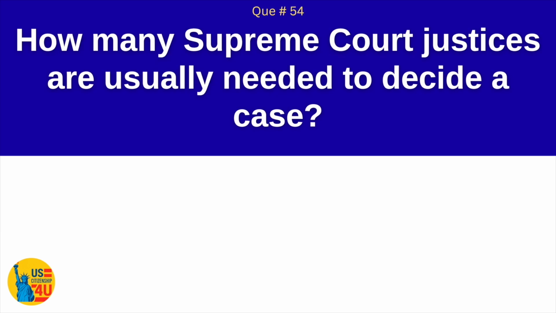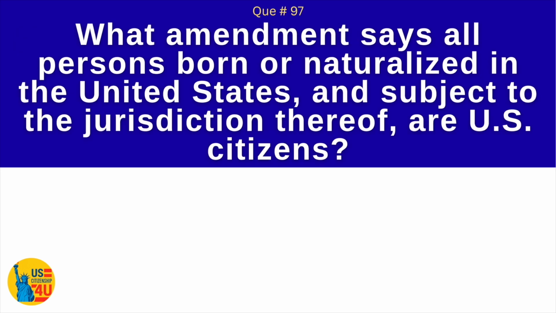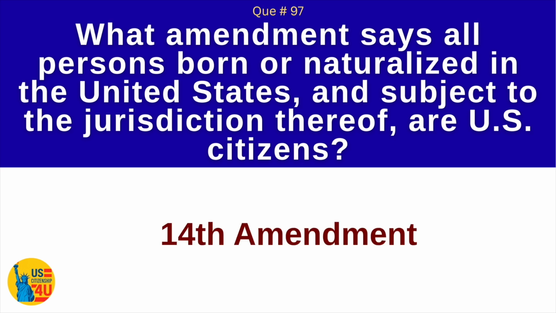How many Supreme Court justices are usually needed to decide a case? 5. What amendment says, all persons born or naturalized in the United States, and subject to the jurisdiction thereof, are U.S. citizens? Fourteenth Amendment.